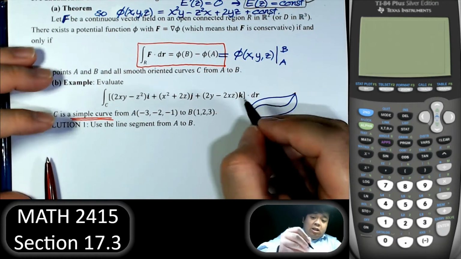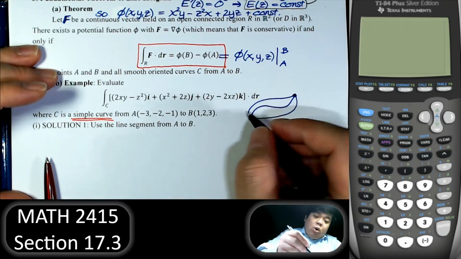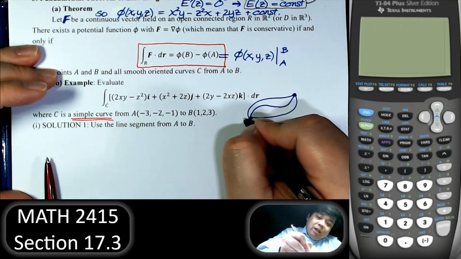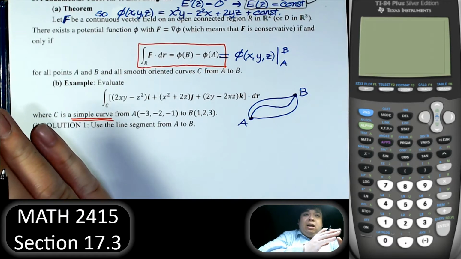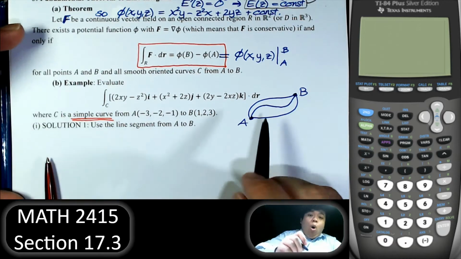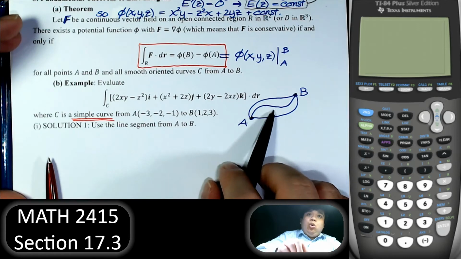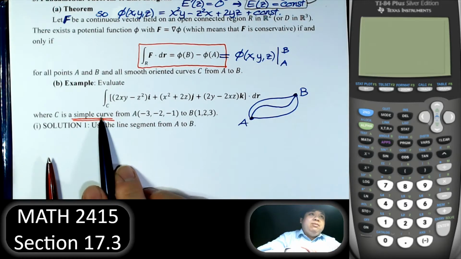All we know is the endpoints. We know that it goes from A to B. That's all we know. It did not specify any path. If it did not specify any path, that means all of the line integrals would have to be the same. Otherwise, they would have to specify in the question.